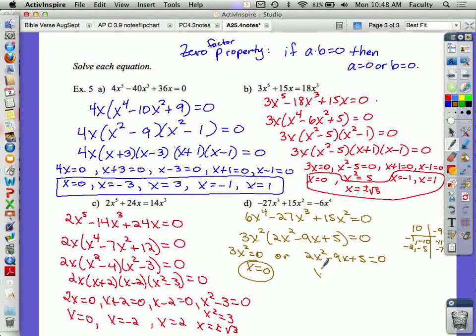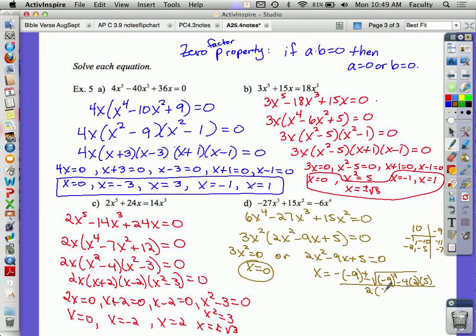So here we go. x equals negative b plus or minus square root b squared minus 4ac all over 2a.